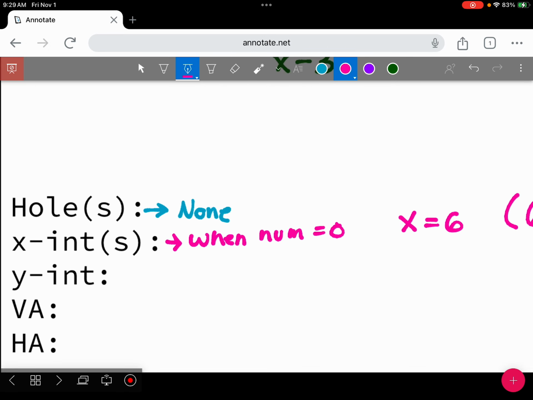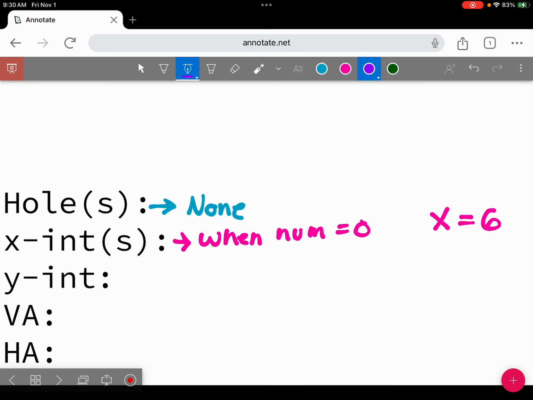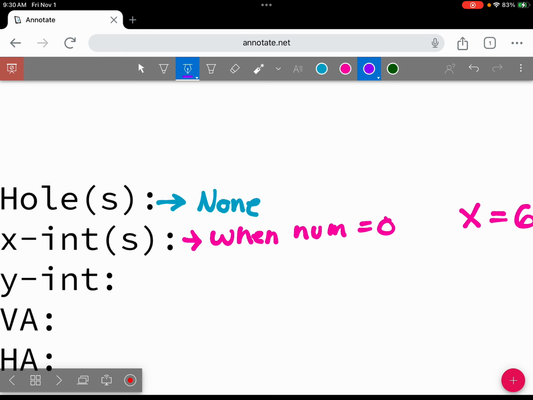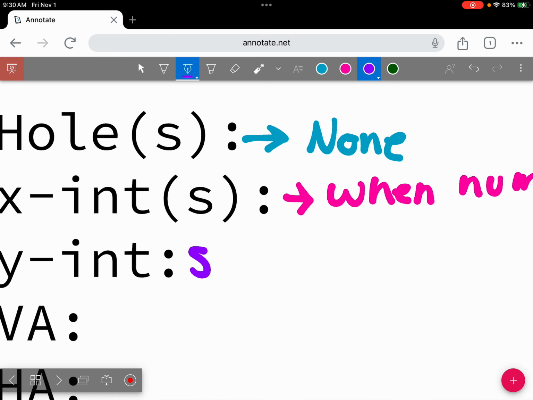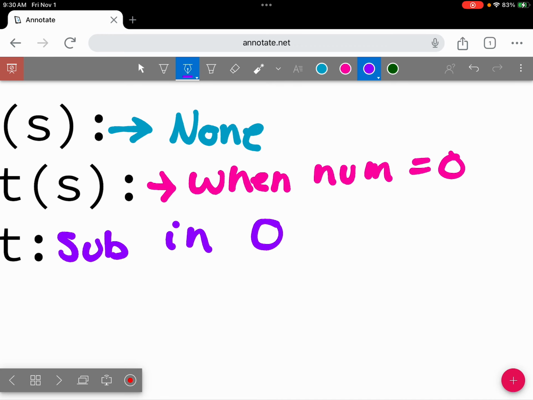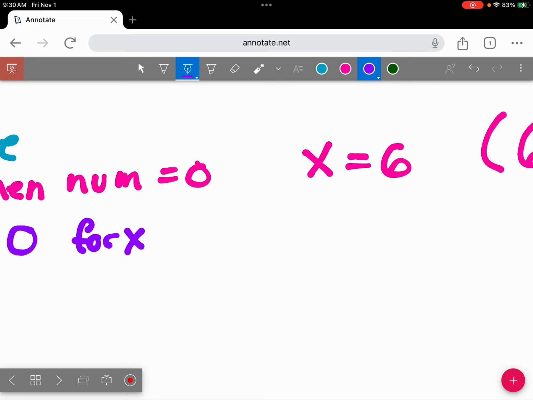How do we get our y-intercept? Substitute in 0 for x. So what is our y-intercept?